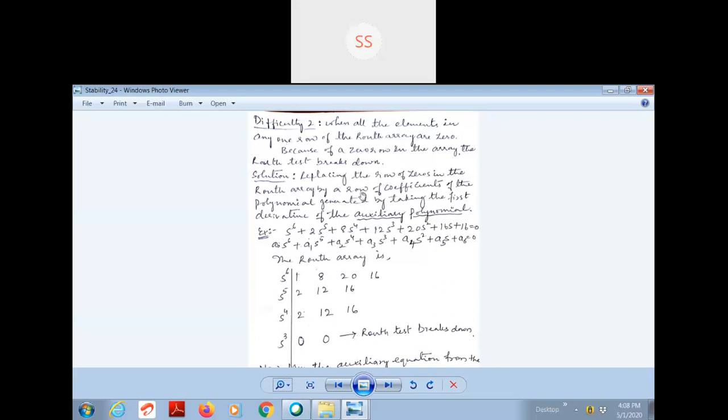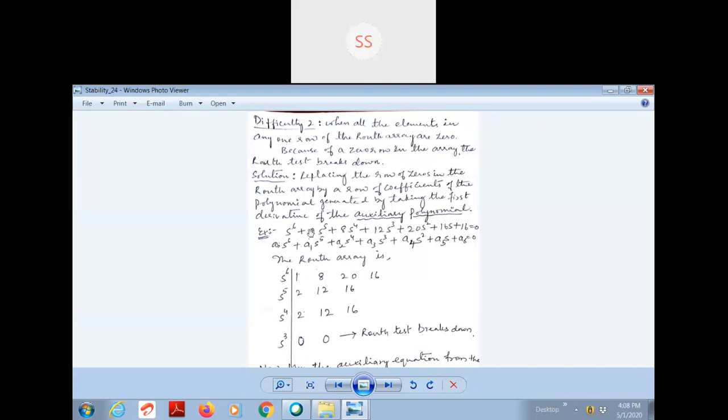of zeros in the root array by a row of coefficients, and those coefficients are obtained from a polynomial. The polynomial is generated by taking the first derivative of the auxiliary polynomial.